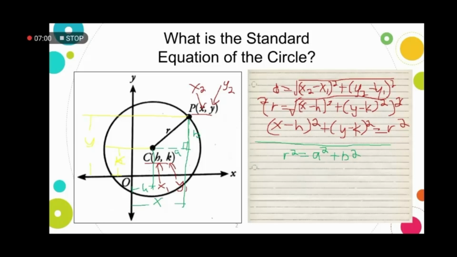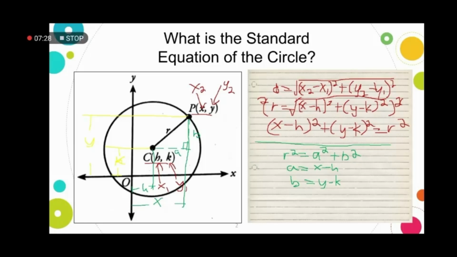What is a? What is b? a is the difference of the highest to the lowest, so a is equal to x minus h. b is the difference of y and k, y minus k.